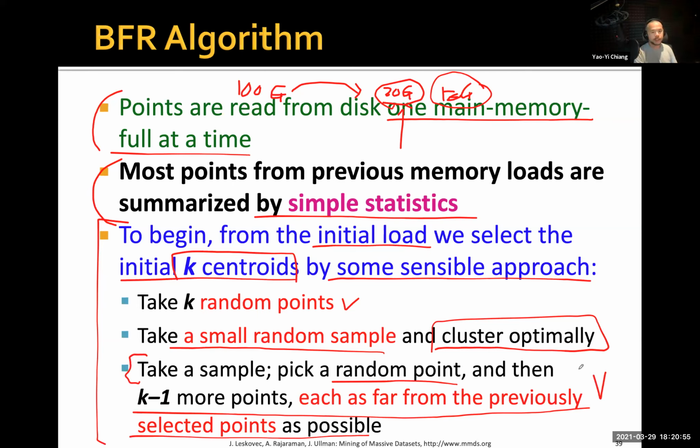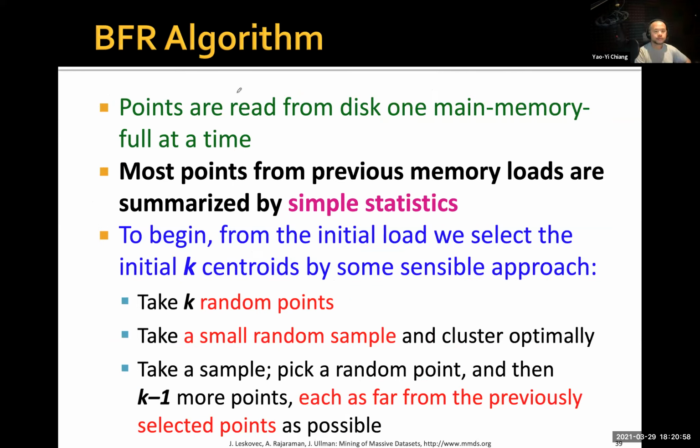All right, so what does it mean then? Well, 100 gigabyte data, main memory 20 gigabyte plus 12 gigabyte. Okay, I'm just making this up as an example. So every time you read 20 gigabyte, so this is your entire data set, 1, 2, 3, 4, 5, right?